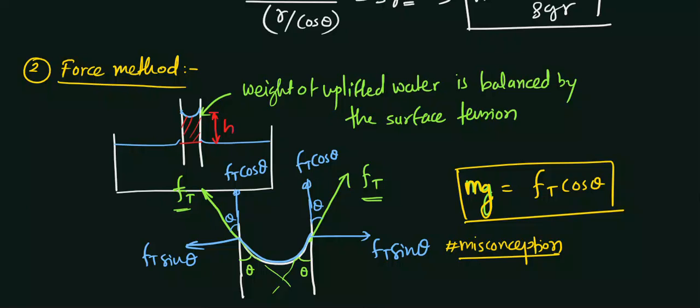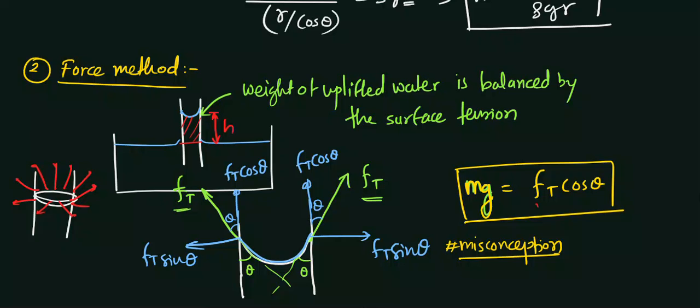It should be Ft cos theta plus Ft cos theta, so 2Ft cos theta, no? See, if you see in 3D shape, this shape is like this, and from every direction the Ft is pulling. It is not from only two directions; from every direction the surface tension pulls.